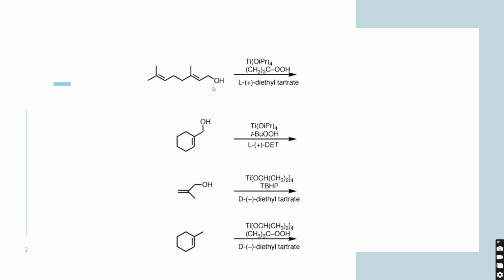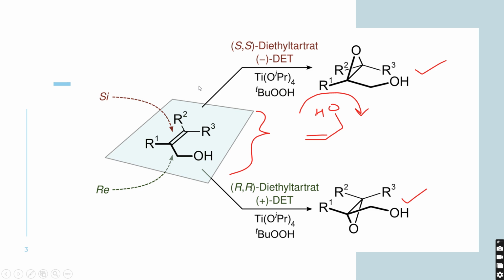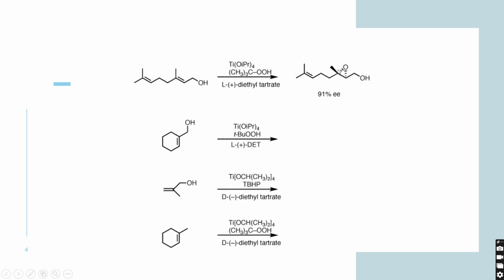The question is whether you are going to get the epoxidation from the above face or below face. Since the plus isomer of diethyl tartrate is present, the epoxidation will take place from the below face. So this is the epoxide we are going to get, and this methodology is so effective that you get excellent enantioselectivity in this reaction.